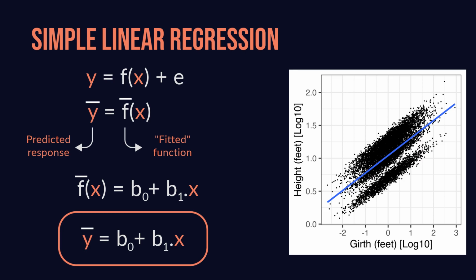Our final linear model equation thus becomes y hat equals beta 0 plus beta 1 times x. Notice that the epsilon term was removed because in the ideal world, the fitted function f hat should only capture the signal and eliminate all noise.